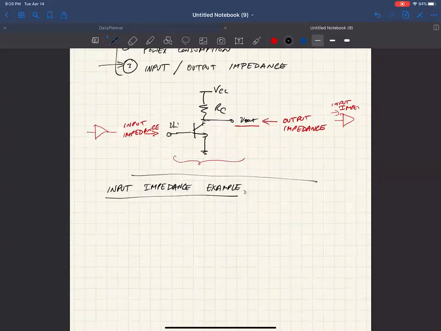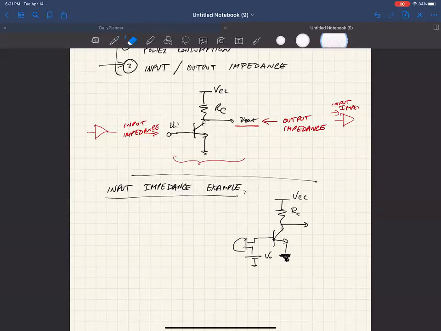Okay, so how should we draw this guy? And okay, so this should be a ground. Sorry guys, terrible handwriting.